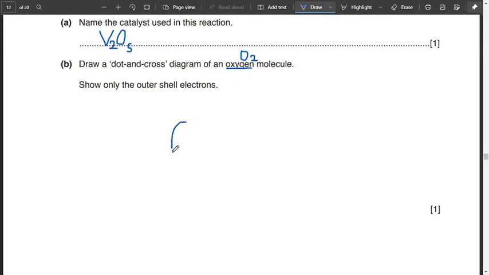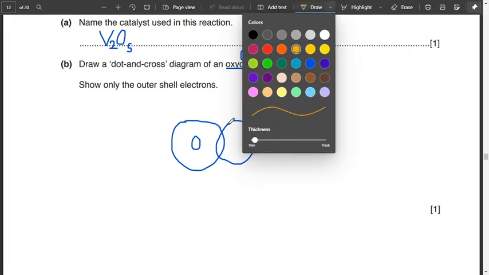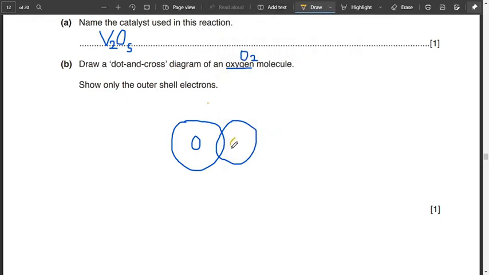Remember, they have covalent bonding. Basically this is one oxygen and this is the second oxygen. If we look at the outer shell electrons, one oxygen actually has 6 outer shell electrons.